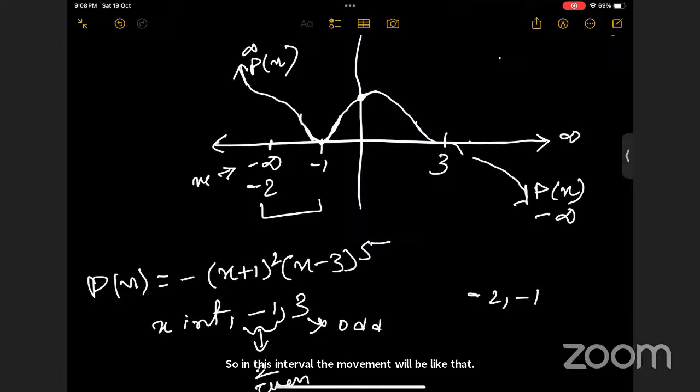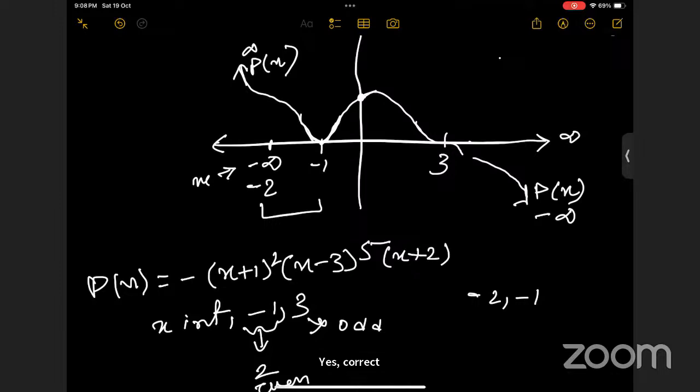How much it will bend, we can decide if we put the points over the graph, then we will get the points. If x = -2 is also one of my zeros, we have the factor x plus 2. What is the exponent?